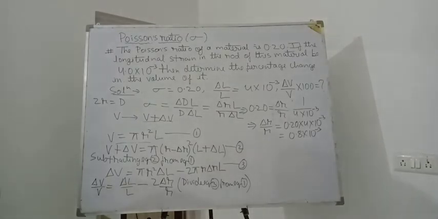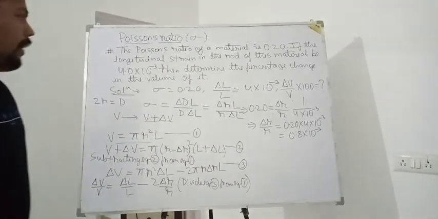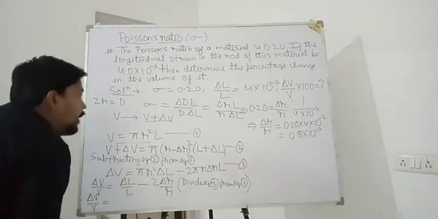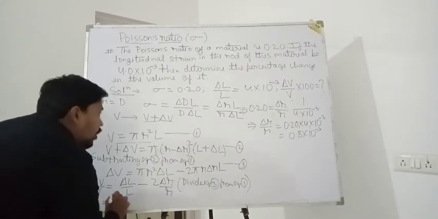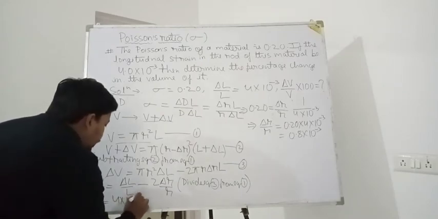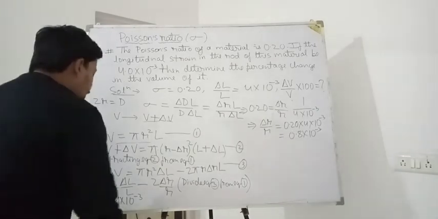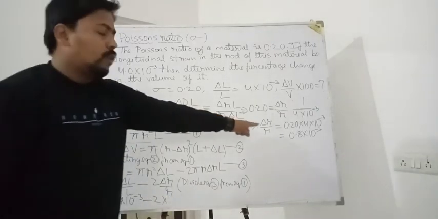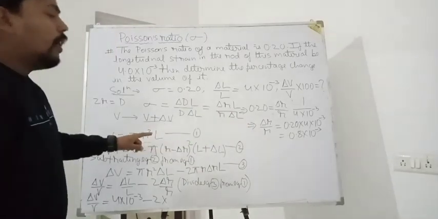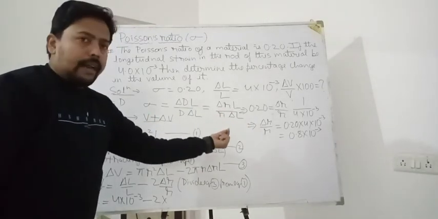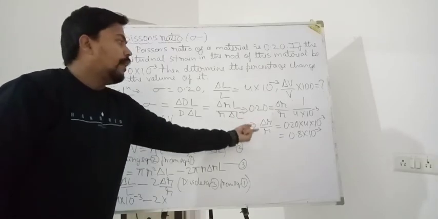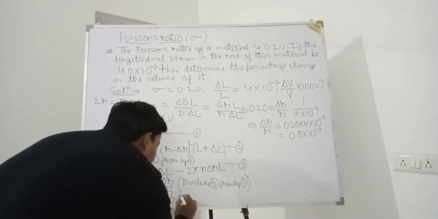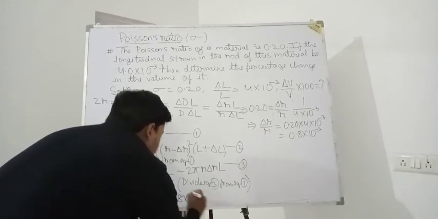Now we have the value of delta L upon L. So delta V upon V equals delta L upon L, which is 4 into 10 to the power minus 3, minus 2 into delta R upon R, which we have also calculated, because I told you that the volume requires R, so I calculated the fractional value of R. This is 0.8 into 10 to the power minus 3.